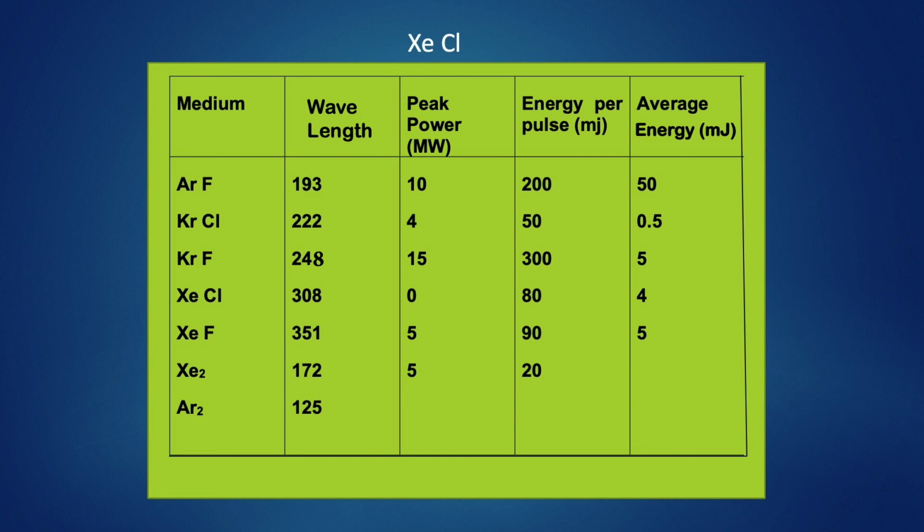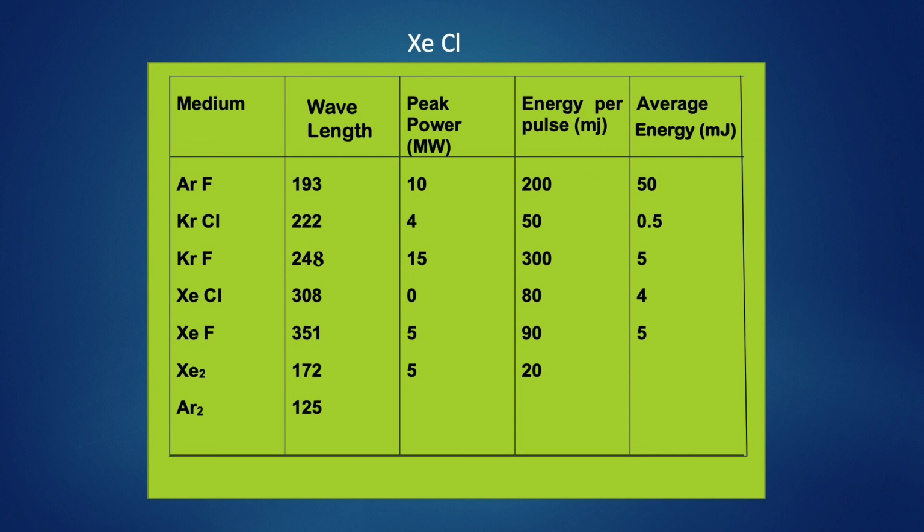Excited state dimerization is called excimer. They produce ultraviolet light at 125 nanometer. On the other hand, if argon combines with fluorine, it is called exciplex, excited state complex, then you get another laser at 193 nanometer.